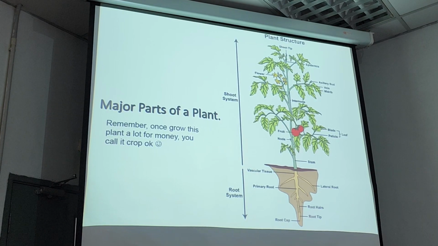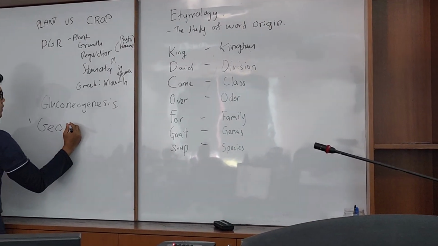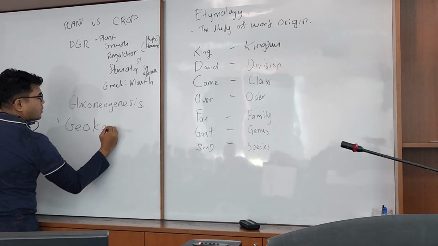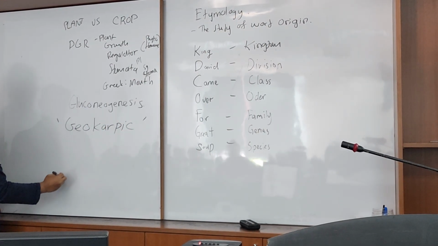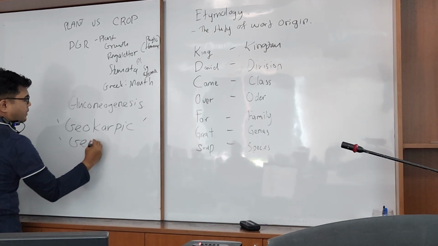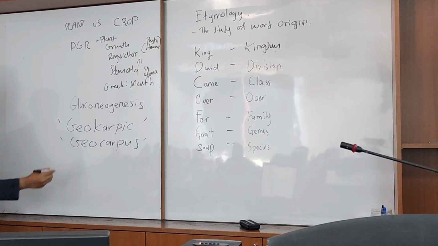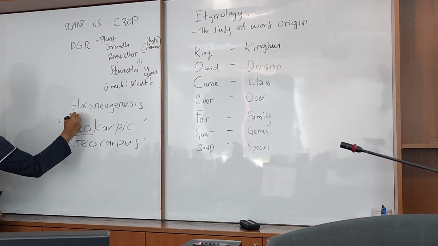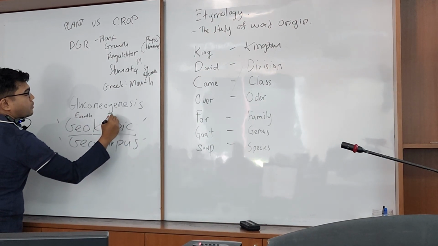So that's a special. Groundnut is actually a special form of fruit. It's called geocarpic fruit, or maybe the spelling is like this. Geo means earth. Carpos means fruit.